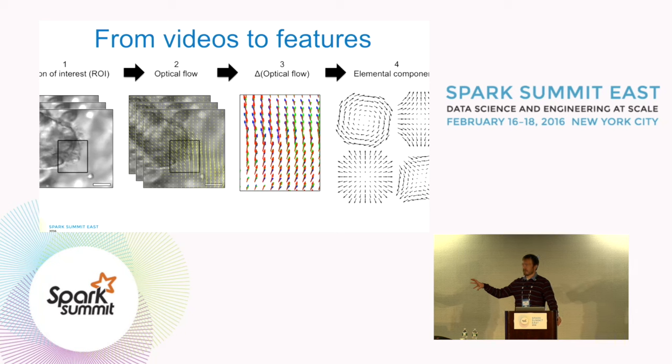Once we have these regions of interest, we compute optical flow. Now, optical flow is a computer vision algorithm that essentially gives you a vector field. For each pixel in the video, let's take a pixel at a particular frame, and then move to the next frame.